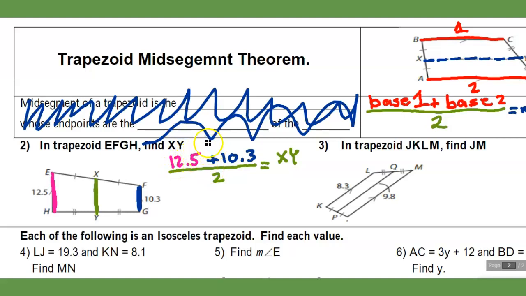So 12.5 plus 10.3 comes out to 22.8. And 22.8 divided by 2 is, half of 22 is 11. Half of 8/10 would be 4/10. So we get 11.4, which makes sense. That's between 12.5 and 10.3 exactly.